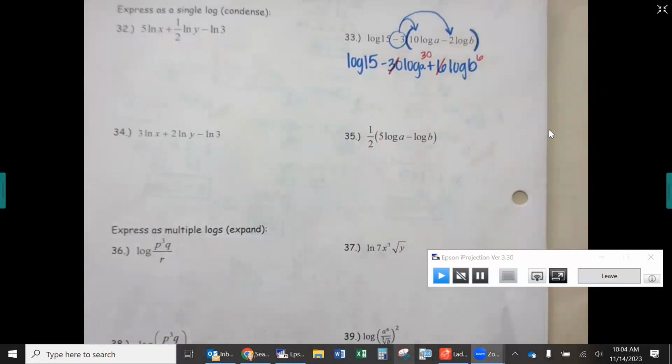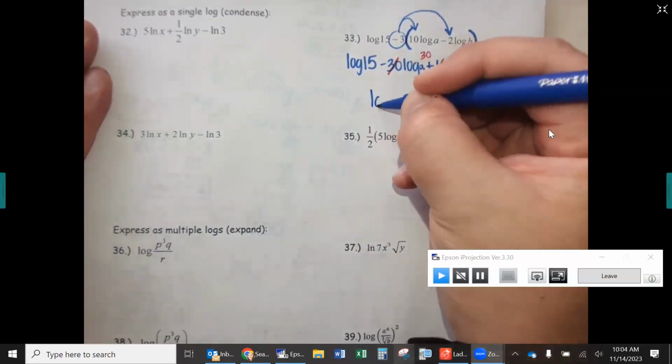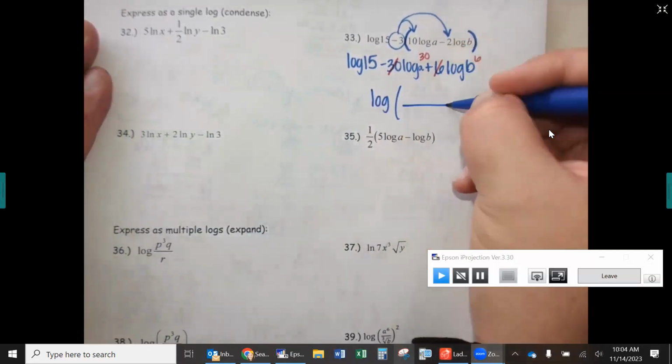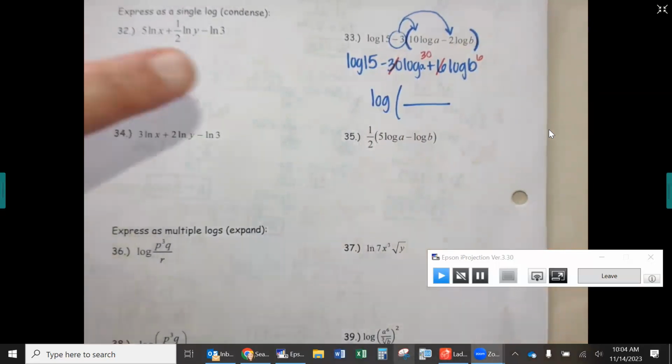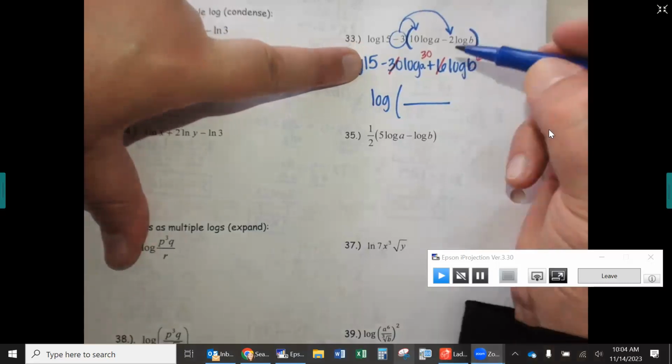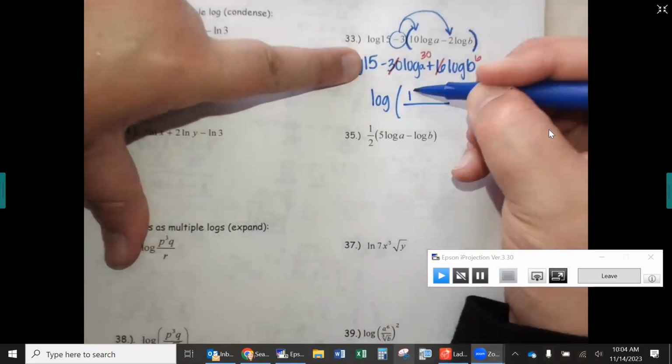And then from there, I'm going to sort my fraction based on whether the log is added or subtracted. Added logs end up where in the final answer? Top or bottom? Top. And subtracted logs end up in the bottom. So that means the 15 is going to go where? Top.